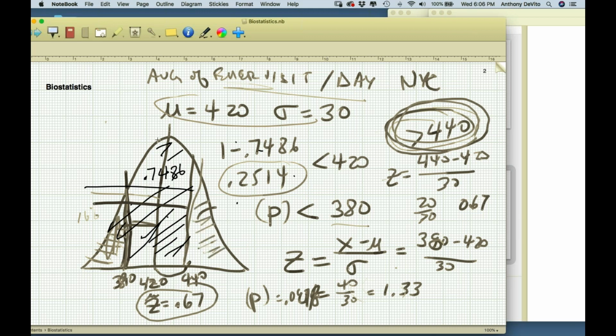Okay. So I can look at this two ways. I can look at the whole area here as 100%, or I could look at this whole area here as 1. If I look at it as a percentage, I would take the 75%, 74.86, and subtract it from 100 to get our 25%.